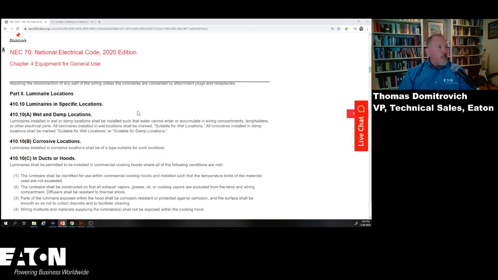So we know that there's a marking requirement. Luminaires installed in damp locations shall be marked suitable for wet locations or suitable for damp locations. What that's telling us is if I have a luminaire that's marked for a wet location, I can use it in a damp location. Duh. So that's pretty straightforward.